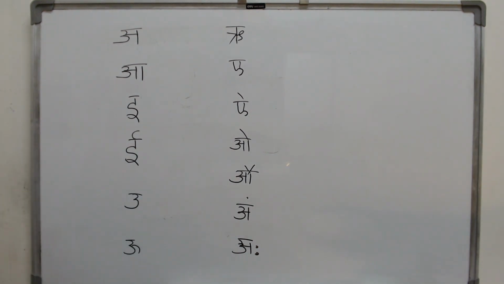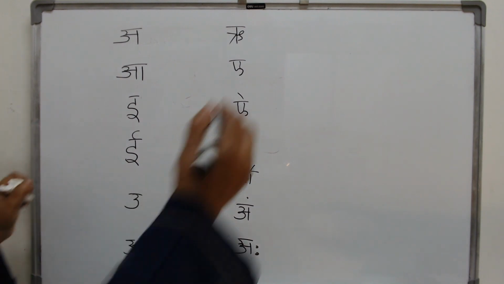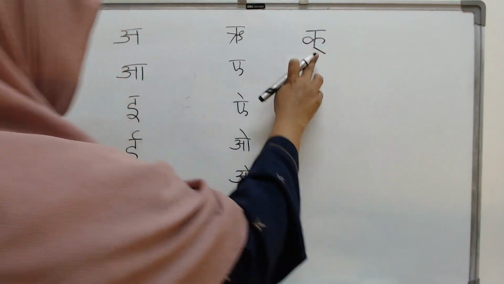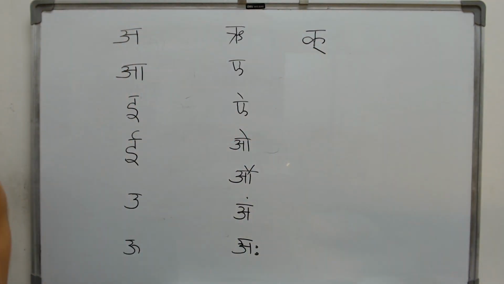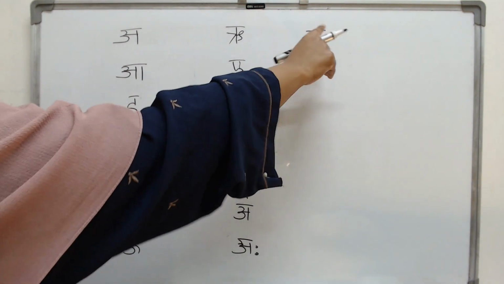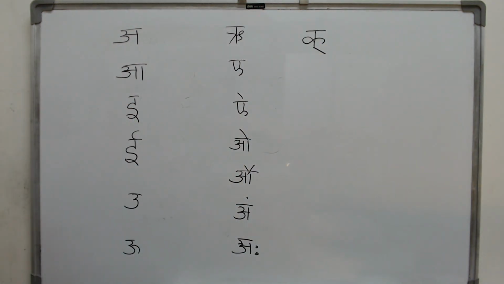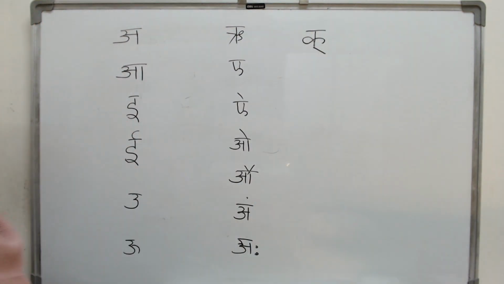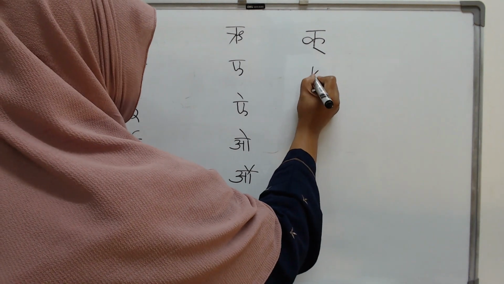Now, we are not going to go into detail into consonants, but let me briefly explain. Now, this line here is called the halant, and this line on the top is called the shiro rekha. Rekha means a line and sar means head. So, this line is called shiro rekha, and this gives the sound k.